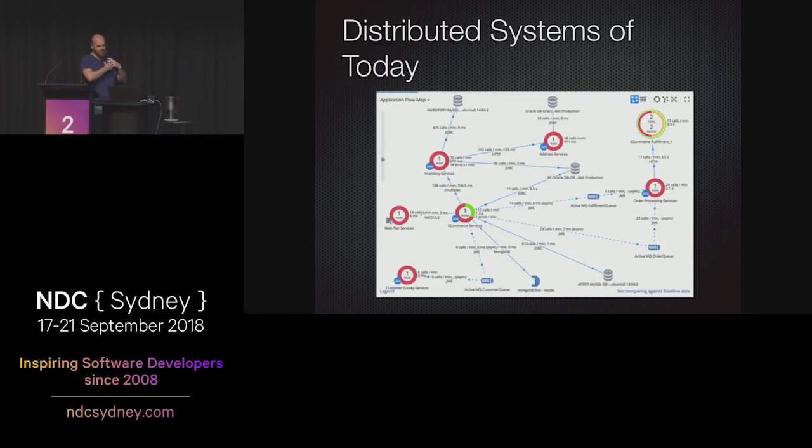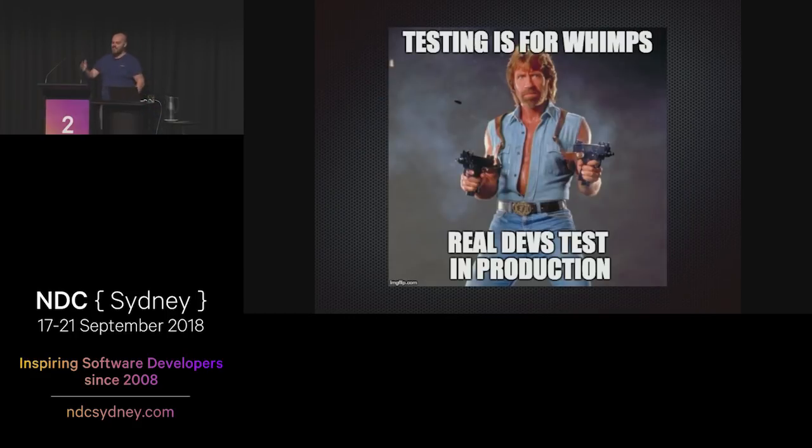So distributed systems are really becoming everywhere. And there's so many parts that are disconnected that you need to understand what's happening. Real devs don't test in development anymore. I say that jokingly, but at the same time, I actually say it truthfully as well.